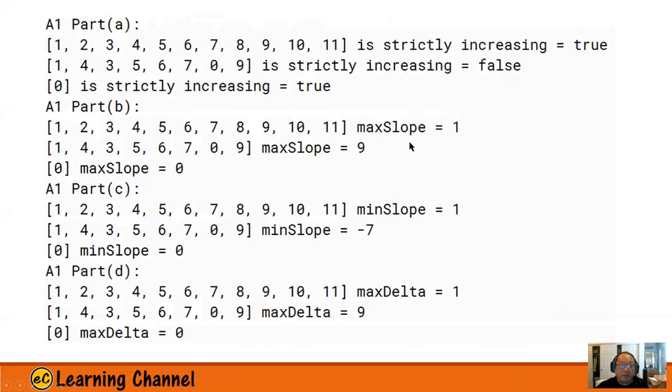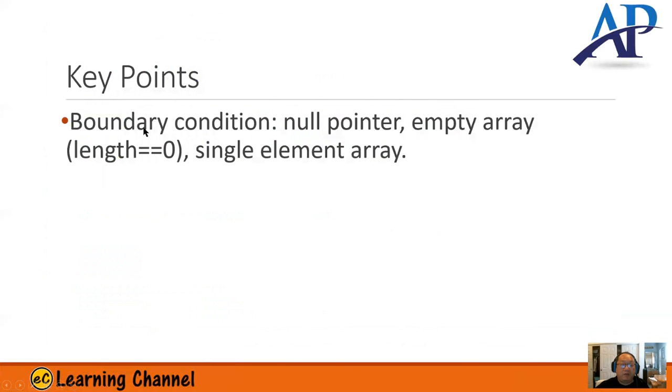And then I try to find the maximum slope, minimum slope, and the maximum delta. The key point is that you always need to check the boundary condition for this pattern, to avoid a null pointer or empty array.